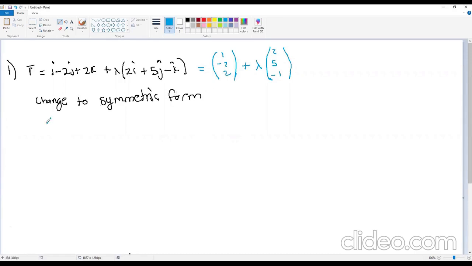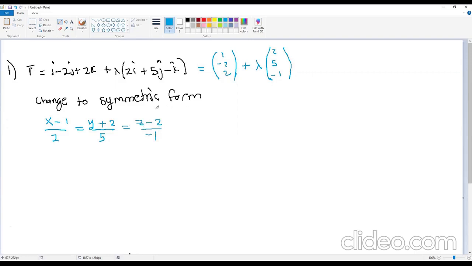You just say x minus this number, minus 1, divided by this, which is 2, equals y minus this number, which is going to be minus 2, over 5, which equals z minus 2, all over minus 1. That's your symmetric form.